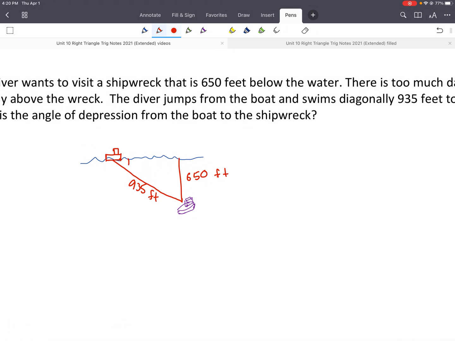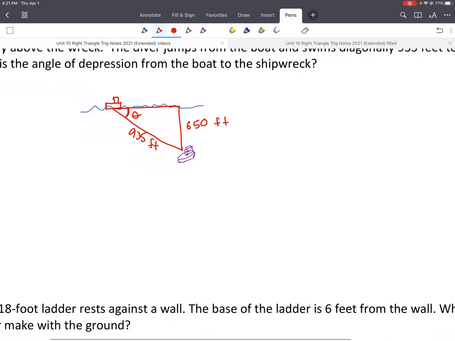So this angle. Again, the angle of depression or the angle of elevation is always the angle that touches the horizontal line. So we need to figure out what this is. You could sketch this up differently. I've had other people have the boat this way and have it measured this way, 650 and 935, and that's what we'd use for our angle of depression or elevation, depending on what way you're looking at it. So let's label the sides.